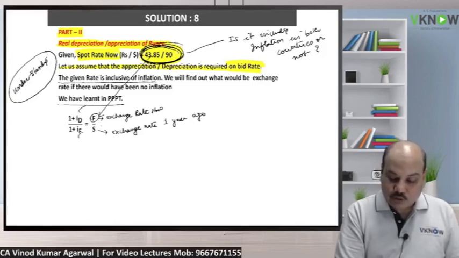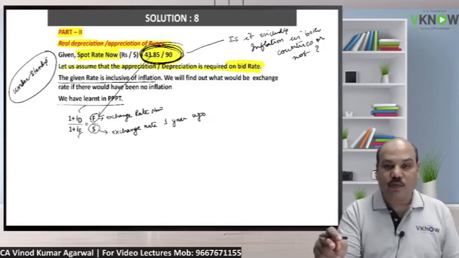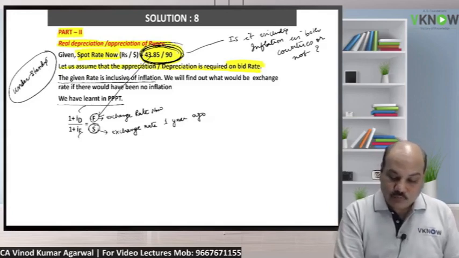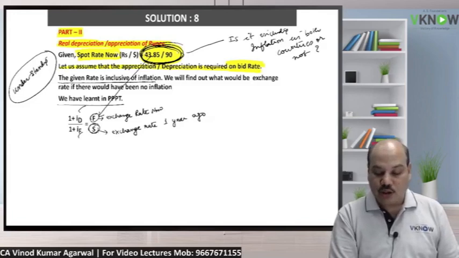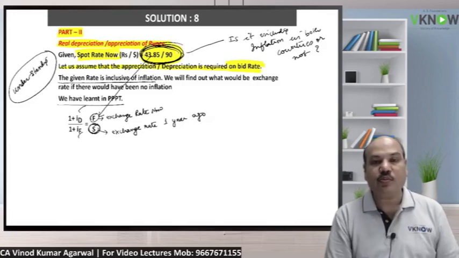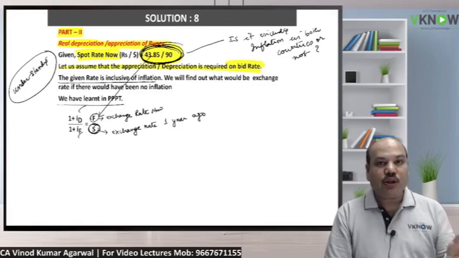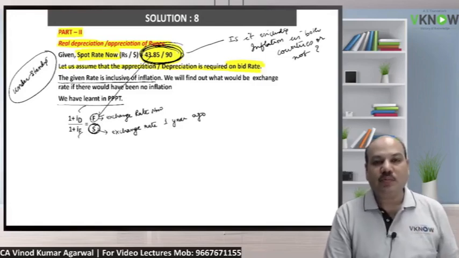This is including inflation. If there was no inflation, what would have been the rate? So I will try to find out this missing figure, that is, without inflation, what would have been the rate.